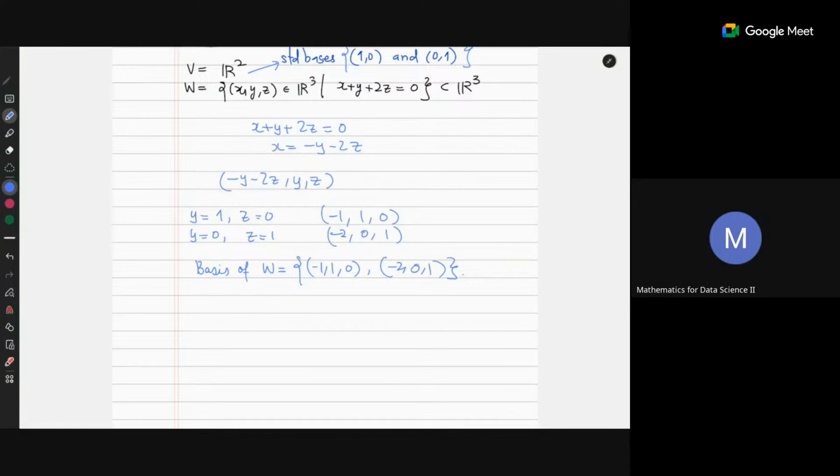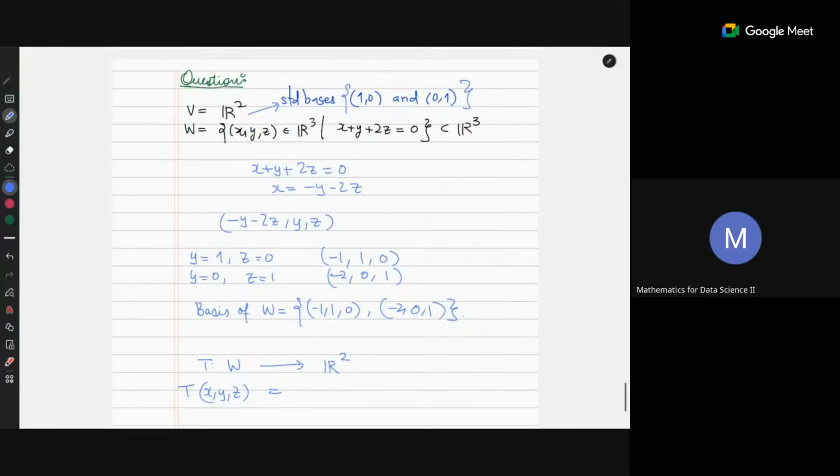Now let's define your map T from W to R2. Sorry, instead of taking it to R2, let me take it to R3.